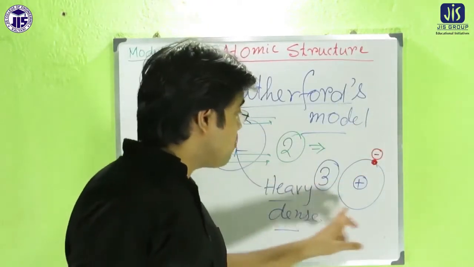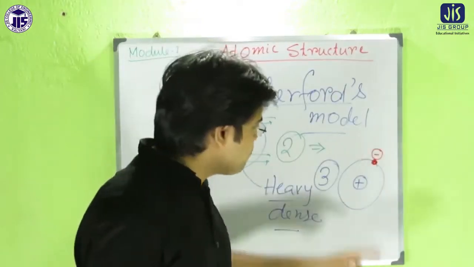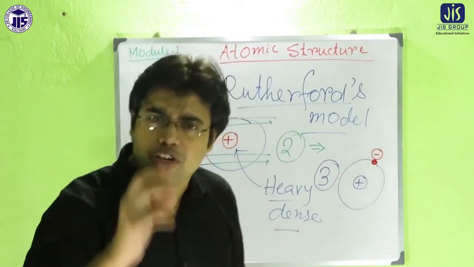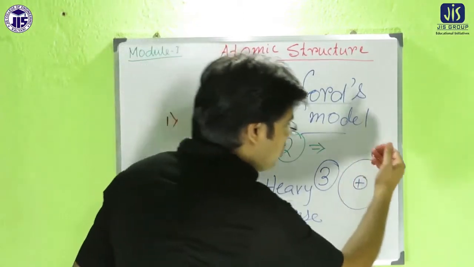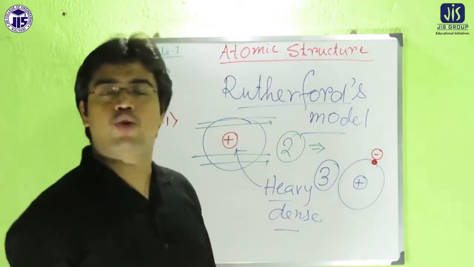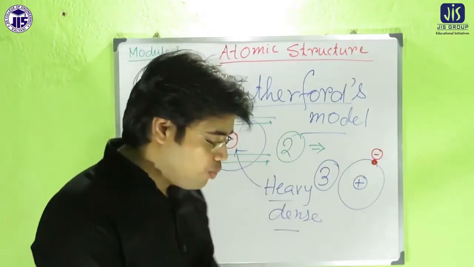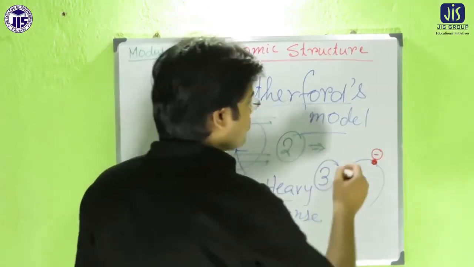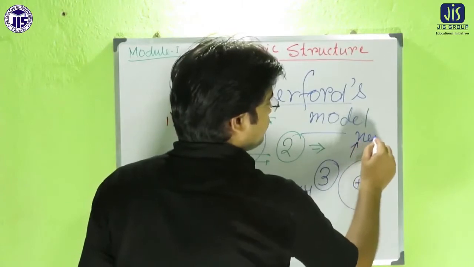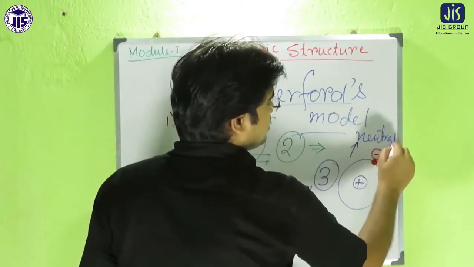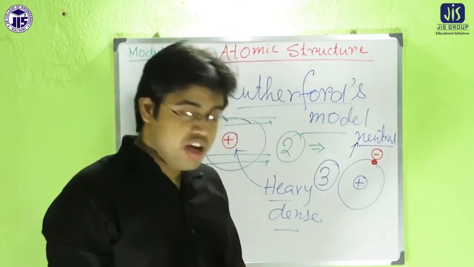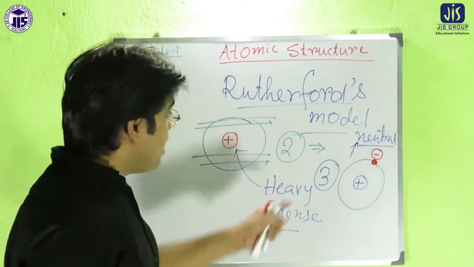Now electrons revolve around the nucleus and carry negative charge. According to Rutherford, the total amount of negative charge and the total amount of positive charge are exactly equal, and that's why we get a neutral atom. So these are the 3 main postulates.